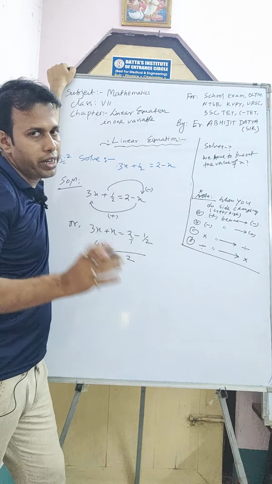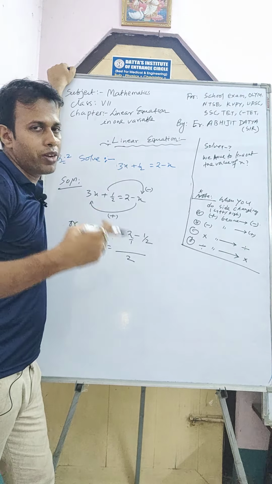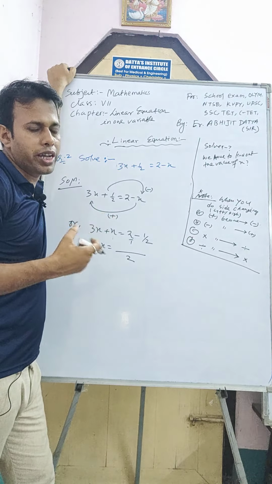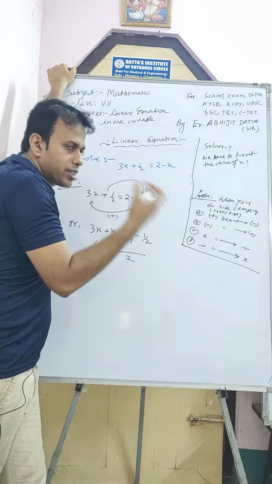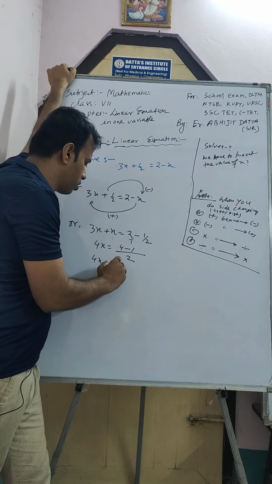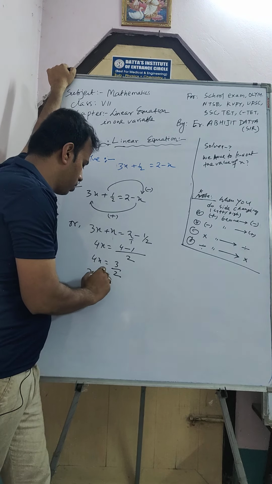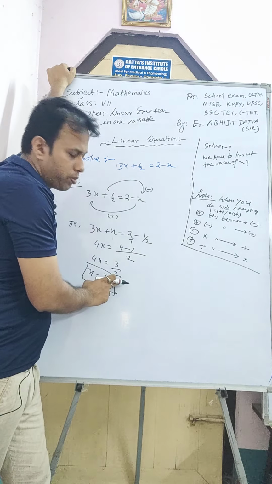If you don't know how to do LCM, then I will make a separate video for those who can't do LCM or make lots of mistakes in doing LCM, in another class. So it will be 2, then divide this by this, it will be 2, that is 4 minus 1. So 4x equal to 3 by 2, then this 4 is divided, so it becomes 3 by 8. 4 into 2 is 8.